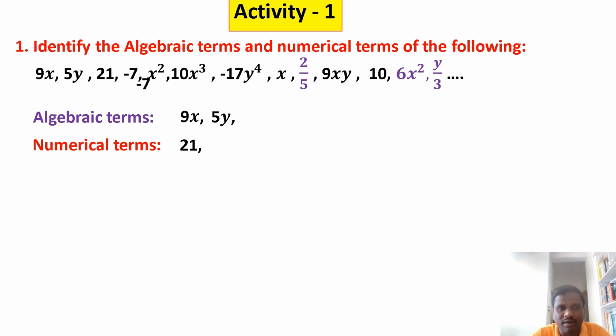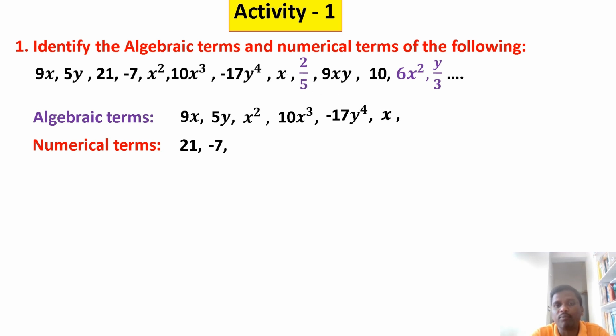And minus 7 does not have a variable, so it is a constant term. Next, x square is an algebraic term. 10x cube is also an algebraic term. Minus 17y to the power 4 is an algebraic term. And x is an algebraic term.